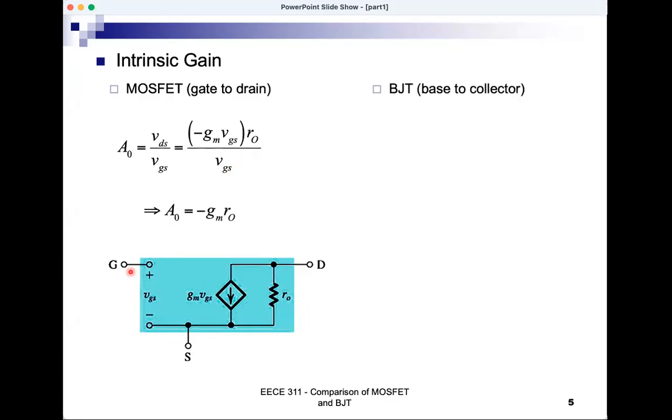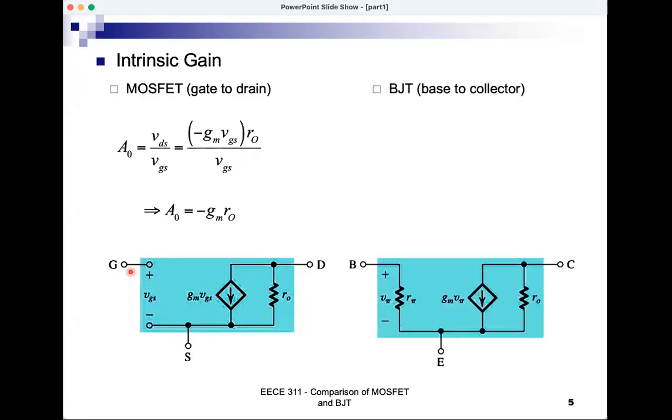If we do the same for the BJT, that's the small signal model. Again, this is for a BJT that's properly biased in the active region, and there is a signal that appears between base and emitter, and I want to see what we get at the collector, between collector and emitter. If this is the whole circuit I'm analyzing, then this current would circulate like this.